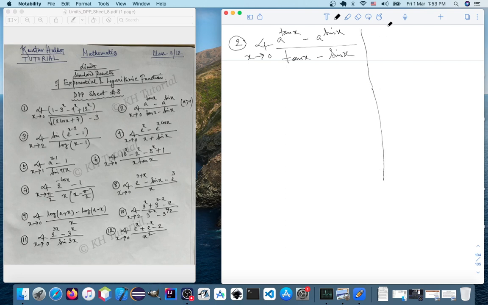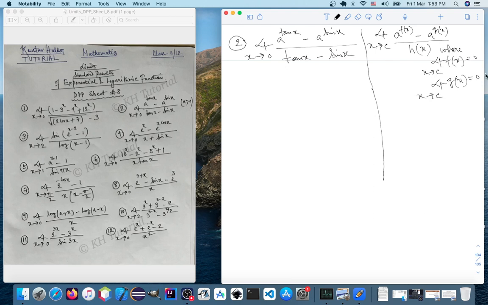If you have a limit something like this, say a to the power fx minus a to the power gx, and here some other function hx, where limit x tending to c of fx is 0, and limit x tending to c of gx is also 0.